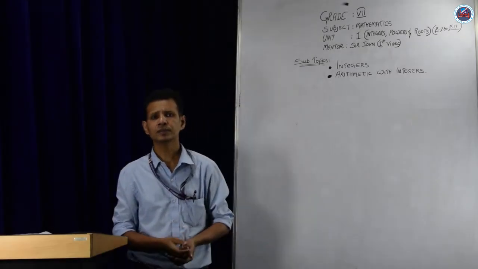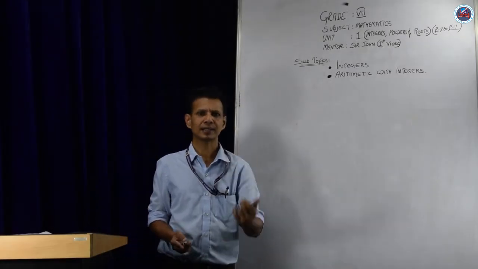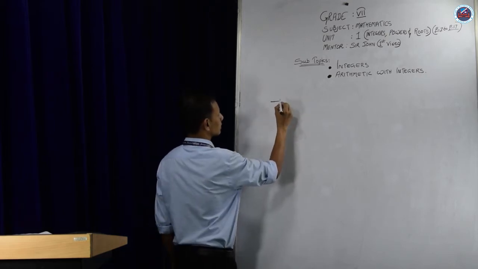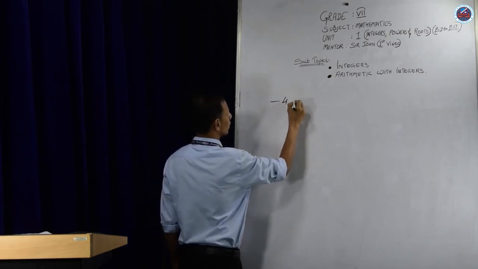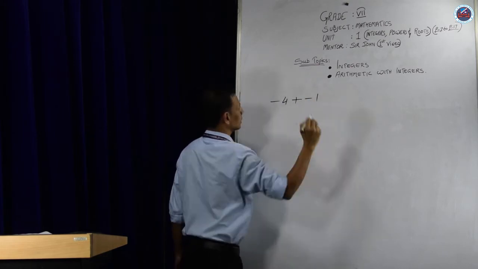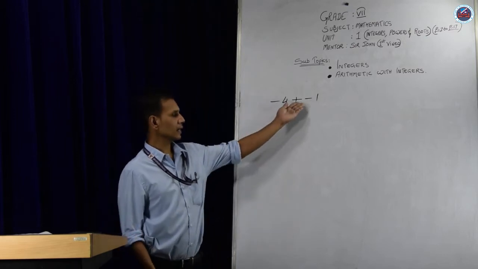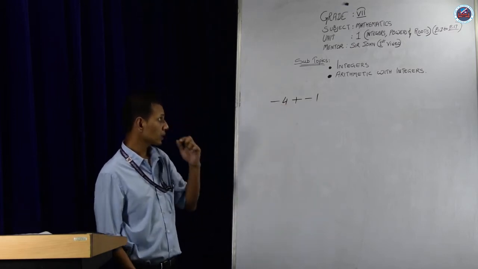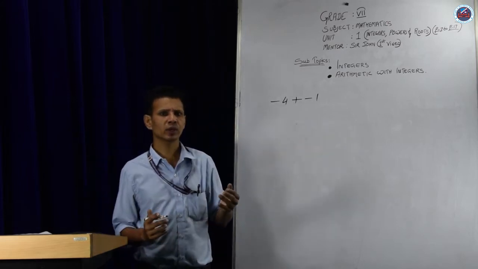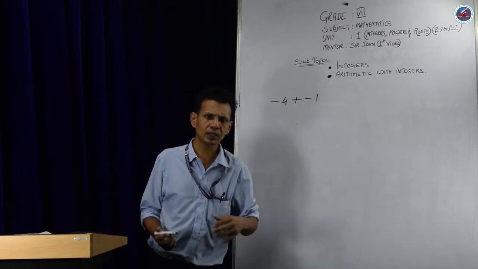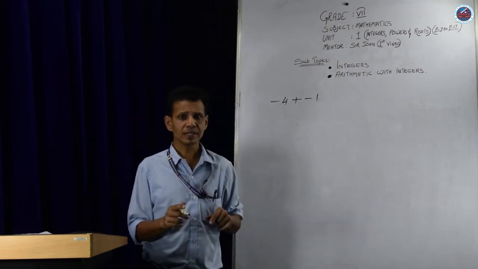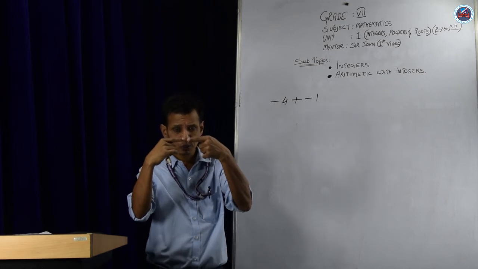These four questions I'll solve by using two methods. Okay? Just take one example like minus 4 plus minus 1. These are the sign arrangements you will get. Remember children, whenever you are going to work out this type of question where there are more than two or three signs in one question, first you search, is there any two signs facing together?